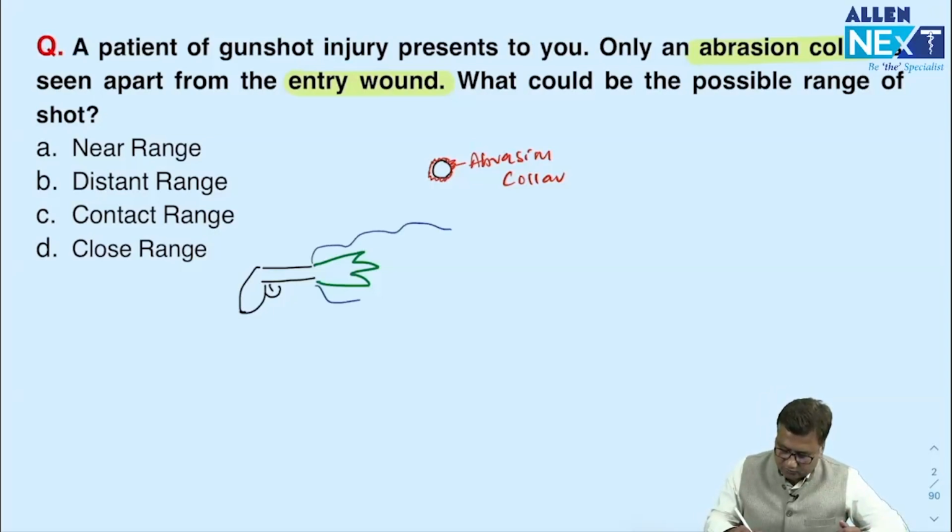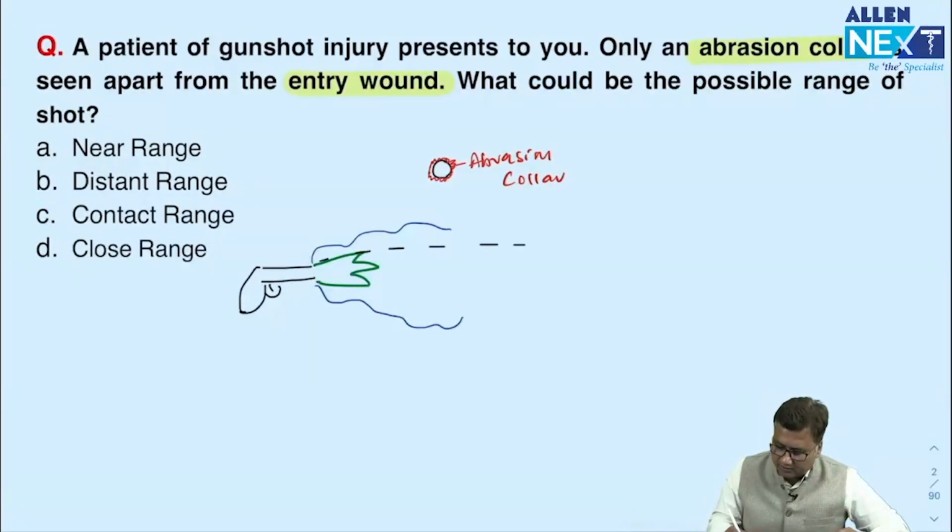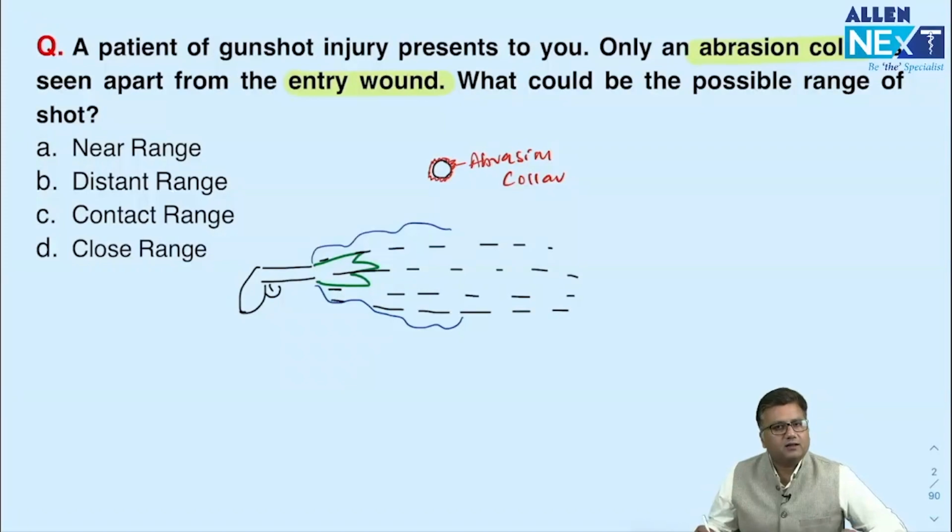So we have smoke coming out of the barrel, and apart from fire and smoke, the third thing which comes out of the barrel is the unburnt or partly burnt gunpowder particle matter.